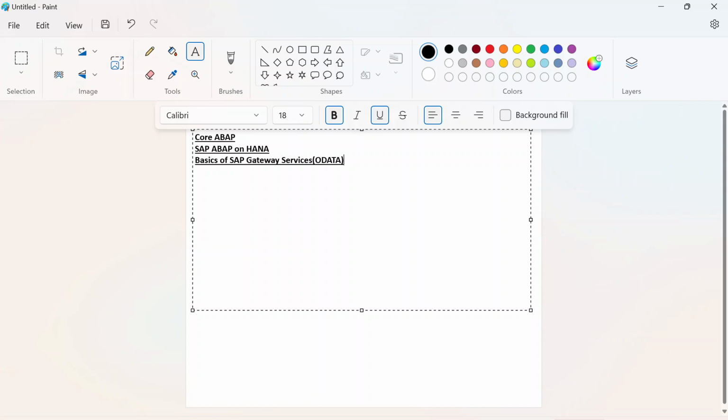But there are some opportunities where MNCs can hire a fresher. But as I said, the opportunities for freshers are very few these days, not only on ABAP, but on any technology. The people with 3 or 4 years of experience have huge opportunities on ABAP.